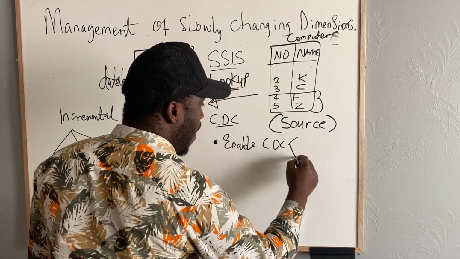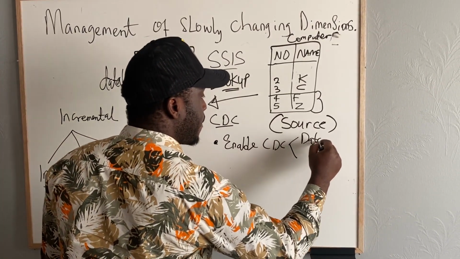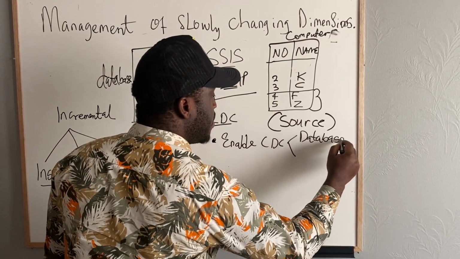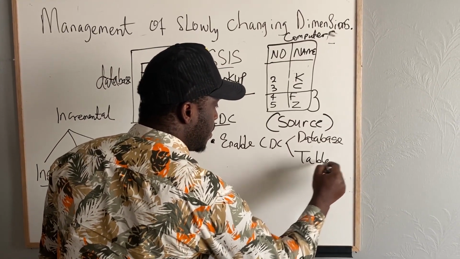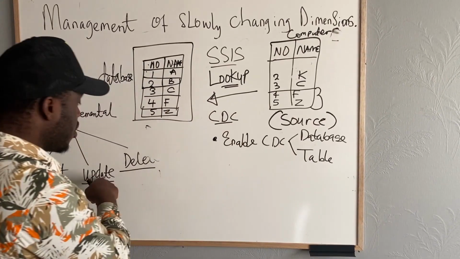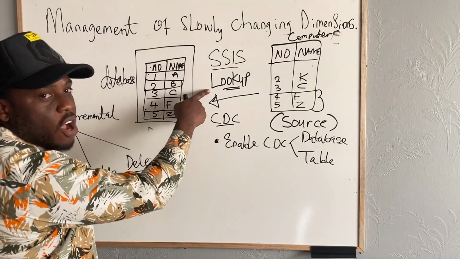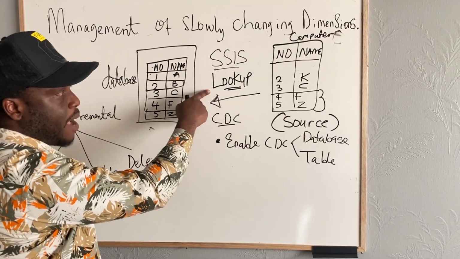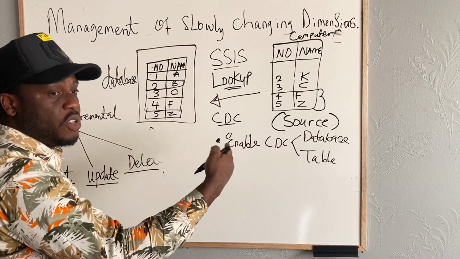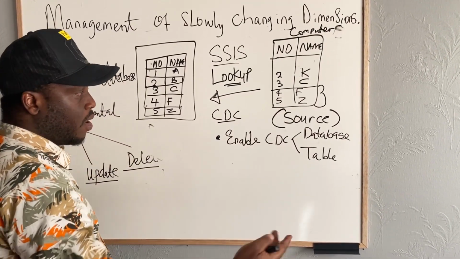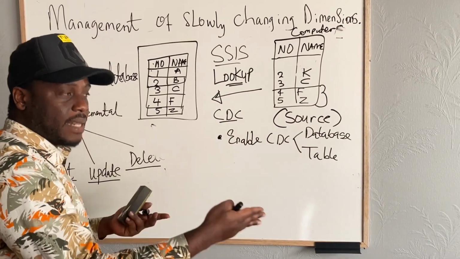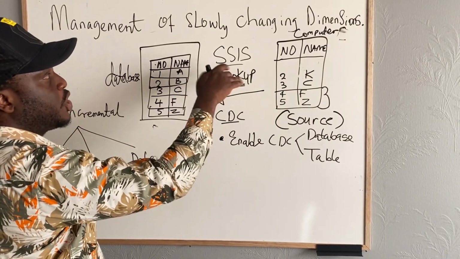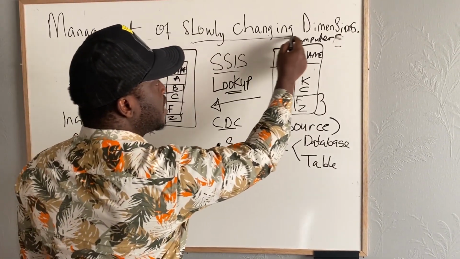CDC for the database, how you can enable CDC for the database and also for the table. Because this is the CDC we are going to be using to do this. We are not going to be using the other approach because it is more technical and you might encounter some errors. So in the manual, if you take the step-by-step approach, which I have outlined, you will not have any issue managing slowly changing dimension.